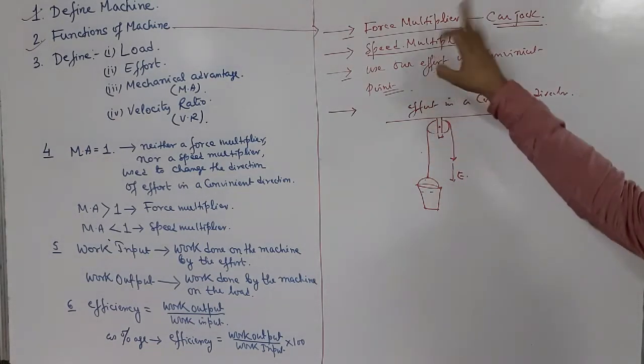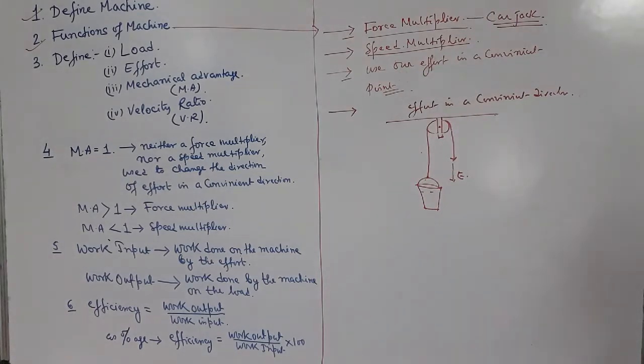That means it is acting as a force multiplier, or by which we can gain speed. That means it is acting as a speed multiplier, or by which we can use our effort at a convenient point, or in a convenient direction. Okay, understand?